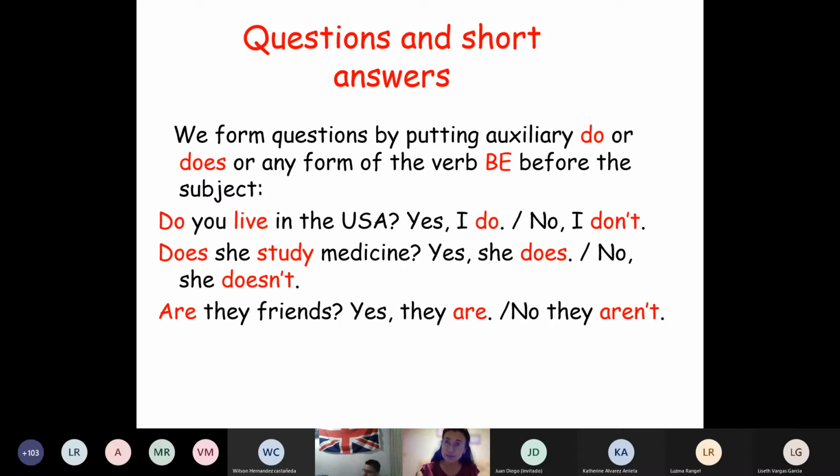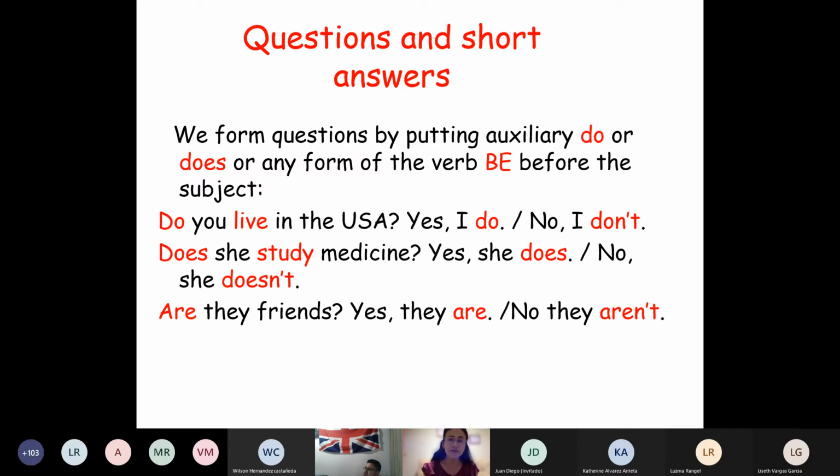Or for the third person singular, remember, does is used with she, he, it, or singular subjects. Does she study medicine? Yes, she does. Or no, she doesn't. This is when you have verbs different from the verb to be. But remember, the verb to be is the exception.